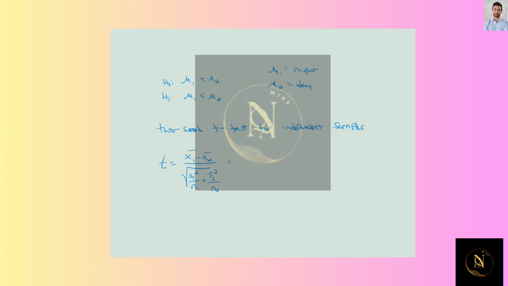And so the mean from the sample from the night students was 3.15, the mean from the day students was 3.2, the standard deviation from the first was 0.06, and the sample size was 11. The standard deviation from the second was 0.02 with a sample size of 23.